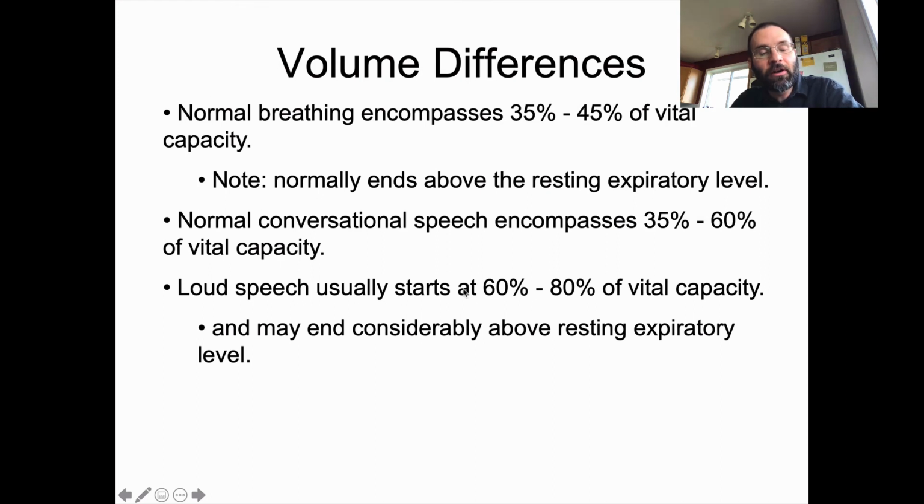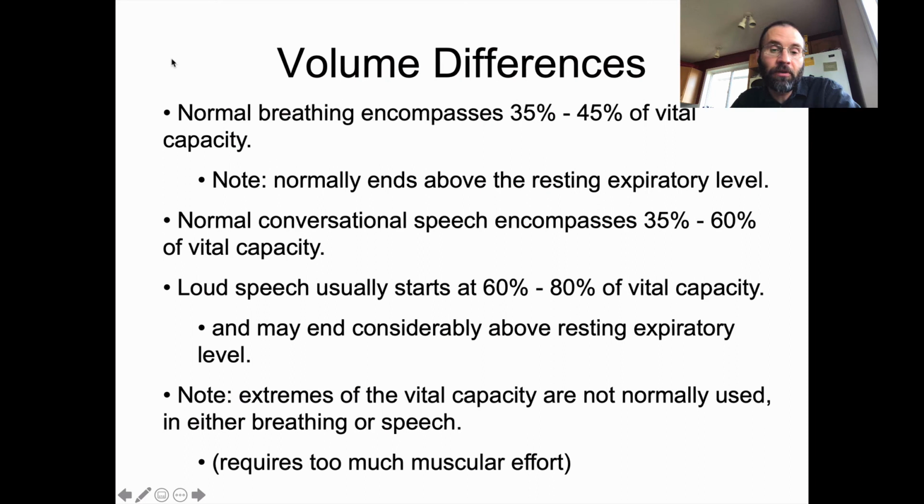Loud speech, however, will usually start higher than that at about 60% of vital capacity and go up to like 80%, and may end considerably above the resting expiratory level. So you're just shifting the whole range upwards to get more intensity out so that other people can really hear what you have to say because it's that important.